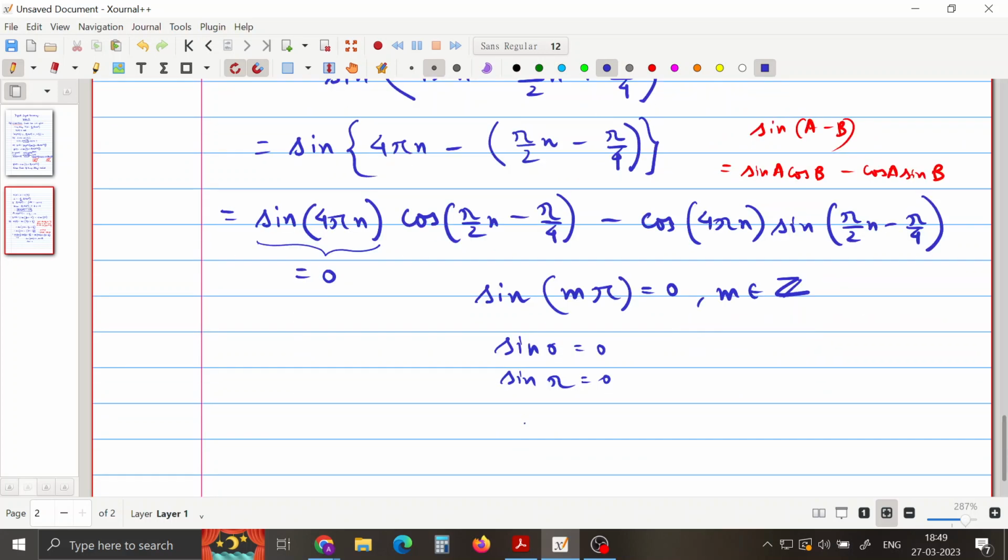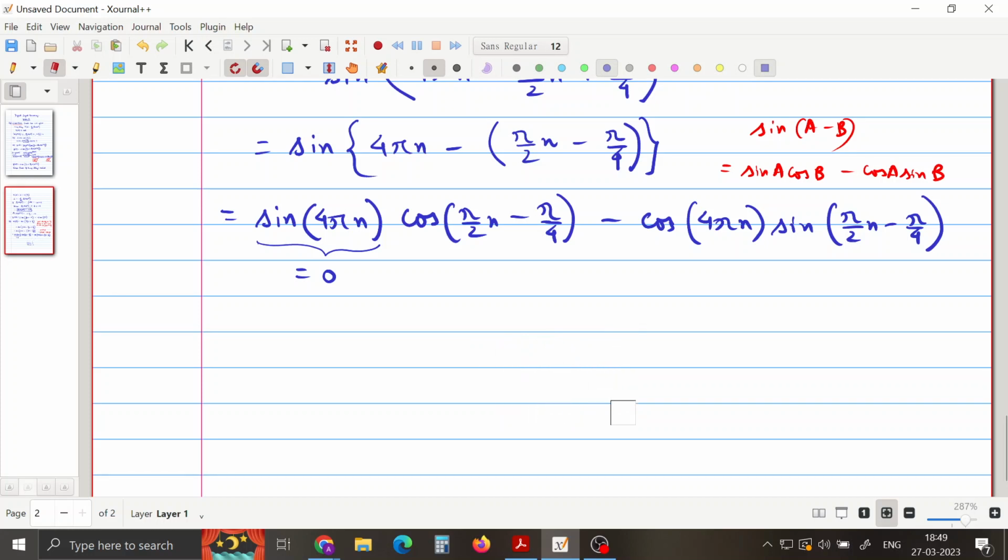For m equals 2, sine 2 pi is 0. And similarly on the negative side also. Correct. So I hope this is clear. Okay, so this first term vanishes clearly. Fine.